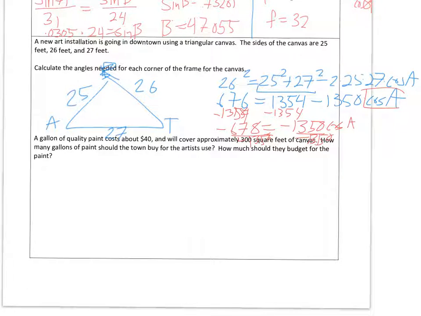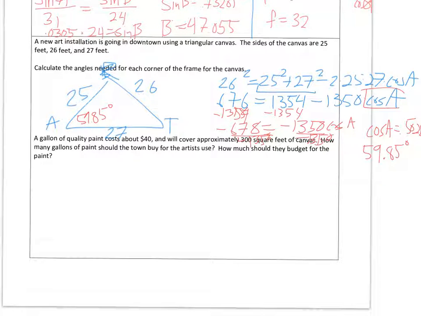And in doing this, we've got negative 678 divided by negative 1350, 0.5022. So cosine A is equal to 0.5022. The inverse cosine of that angle is going to be 59.85 degrees.